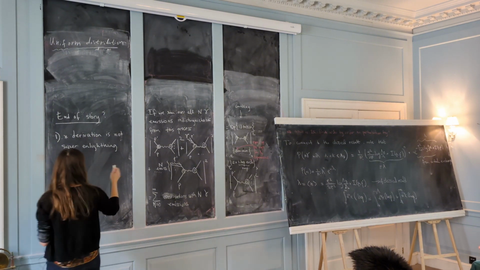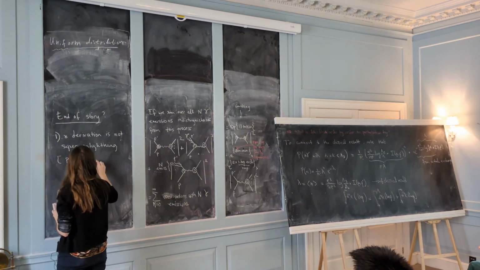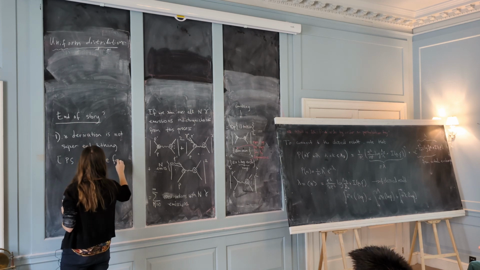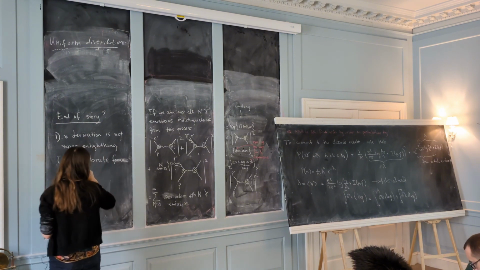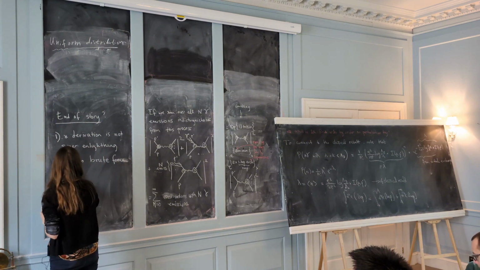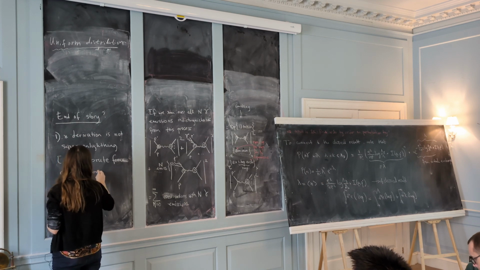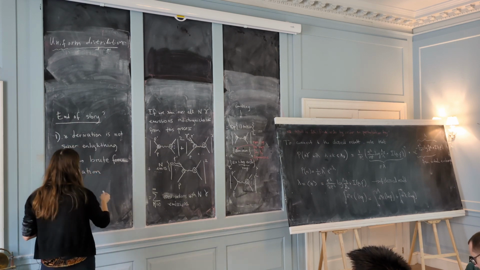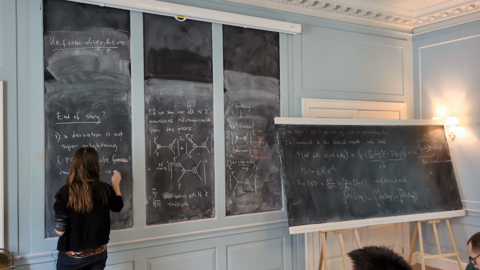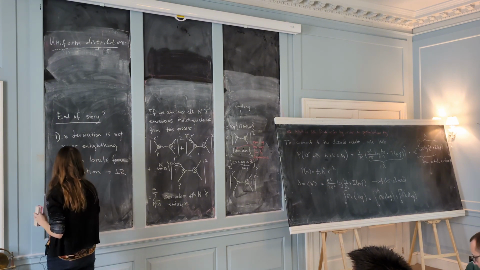They actually compute this one loop vertex function, and it takes a couple of pages, as I said before, and then they extract and take the infrared limit.